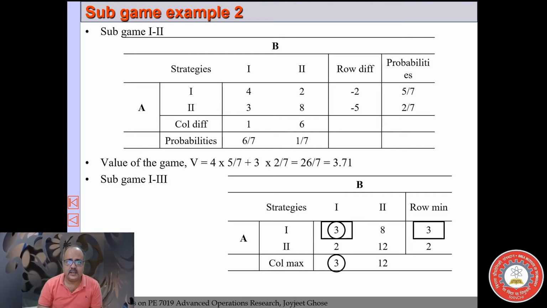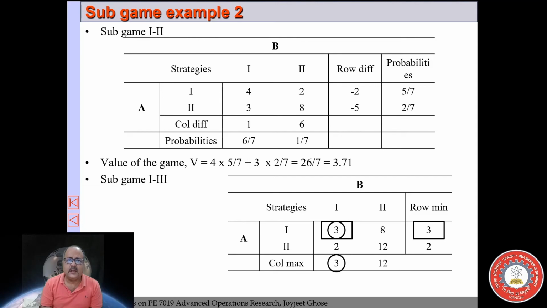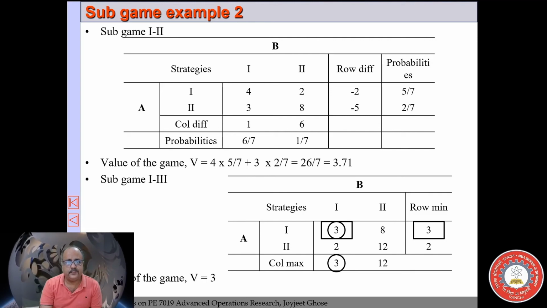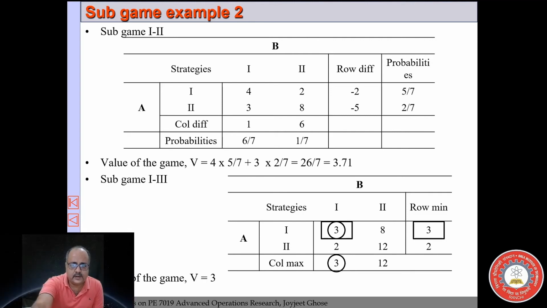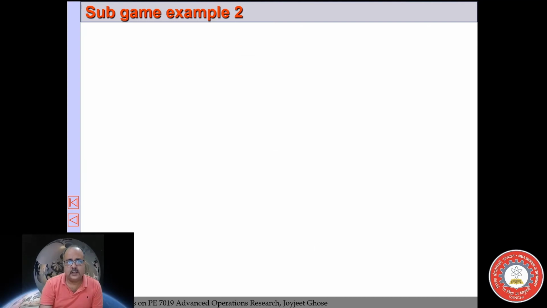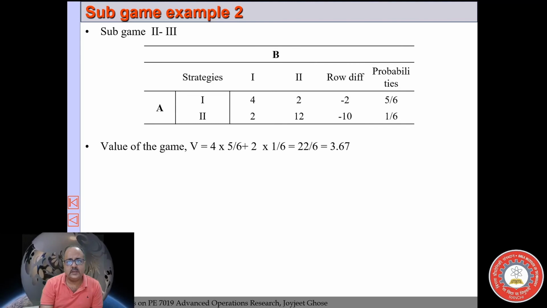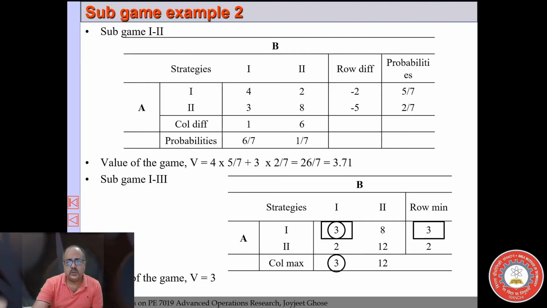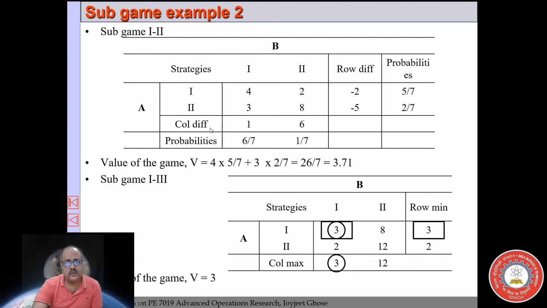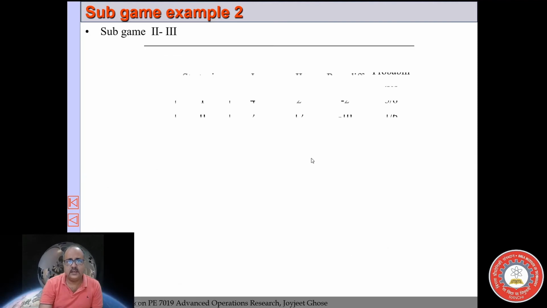If you don't check and go on solving by the algebraic method, then you will get it wrong. So if there exists a saddle point, you have to find it. The value of the game is 3 here. So this is 3.71, this is 3, and obviously this is greater, and 2-3 is coming out to be 3.67. So this game 1-2 will be the solution of the larger game.